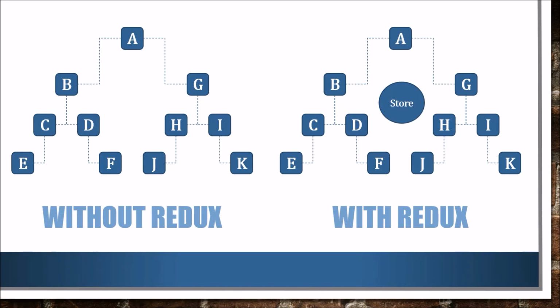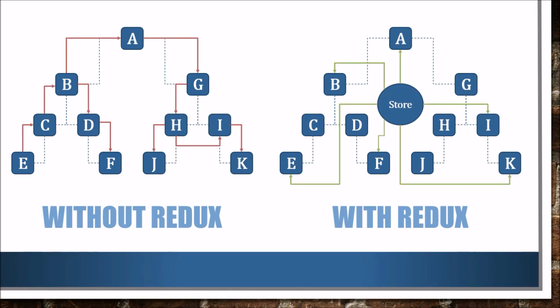I hope this diagram is clear for you. As per the first diagram, you can see the complexity when components want to share some detail using props. If component K wants some detail from E, then it will come all the way. But if you observe the second diagram, the store maintains the data. So if any component wants to get some details, it can directly communicate with the store. Same thing Redux manages in the easiest way.